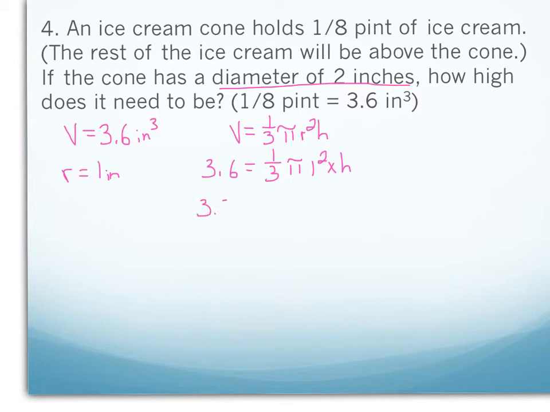So we have 3.6 equals 1/3 pi h, and divide both sides by 1/3 pi. We get about 3.4 for h, so that means the height needs to be 3.4 inches.